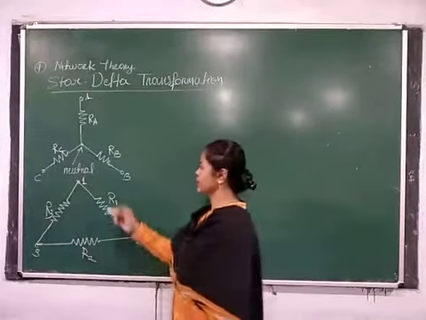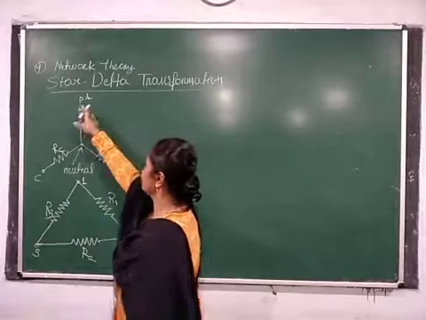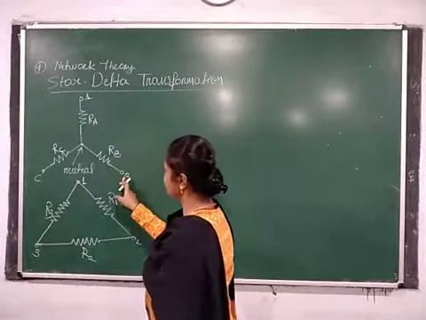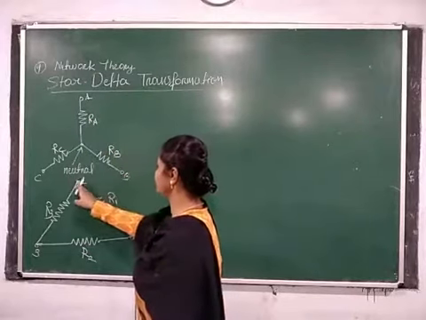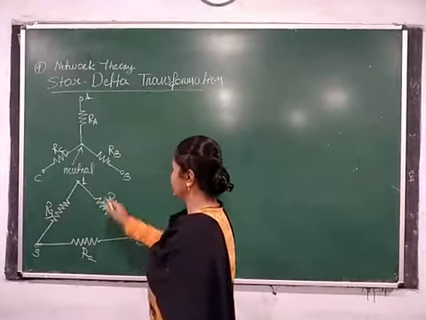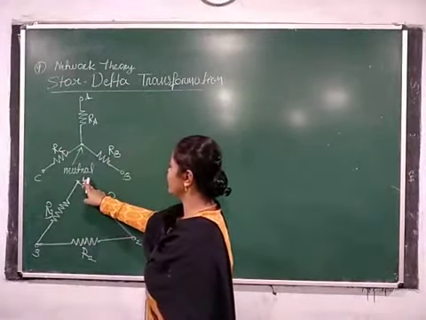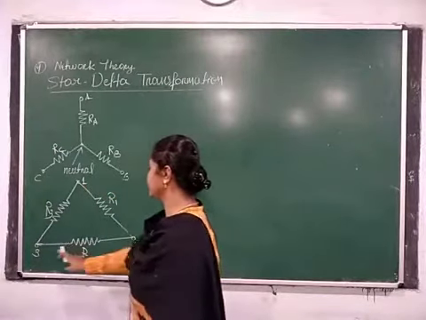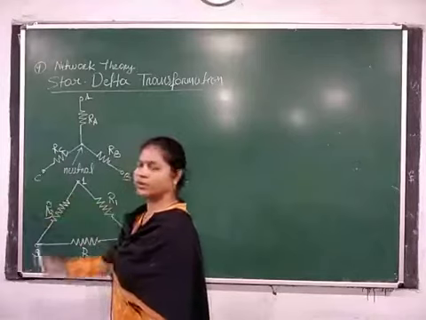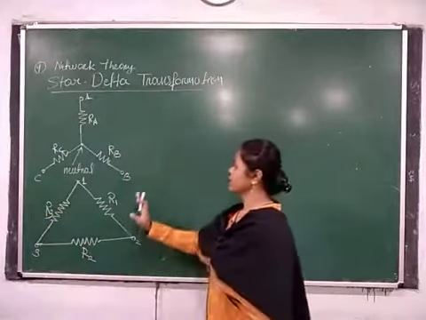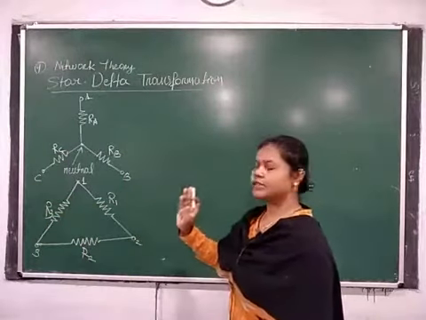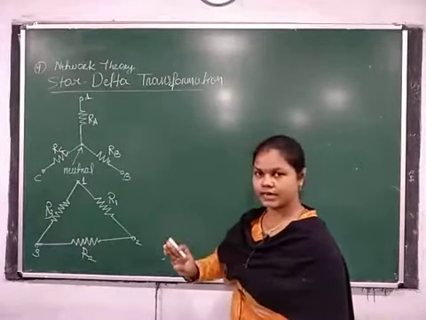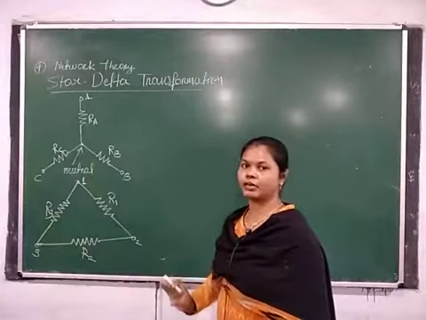It means the resistance between A and B is the same as the resistance between 1 and 2. Point 1 is equivalent to point A, point 2 is equivalent to point B, point 3 is equivalent to point C. So the equivalent resistance between any two terminals, connected in star or delta, are equal.